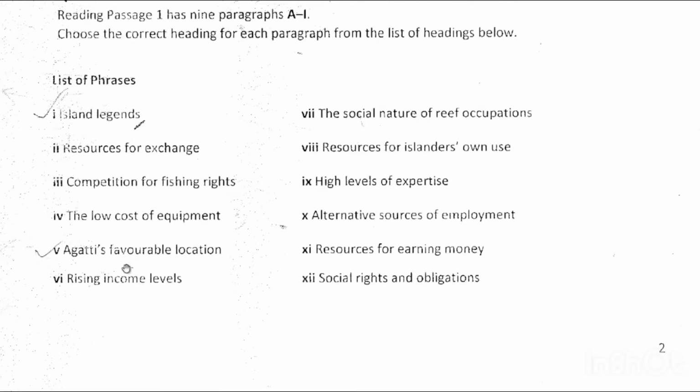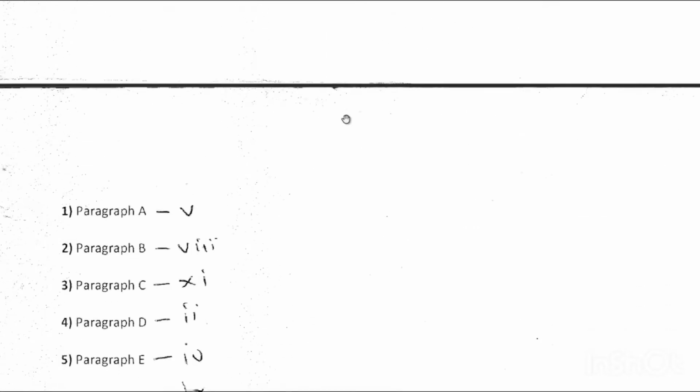You use the idea to locate the one that you feel is the answer. Let's even assume that for paragraph A you chose V and X. Then subsequently, as you go through the paragraphs, you discover that paragraph B has its X, so you cancel the one you wrote here and put the X here, right?